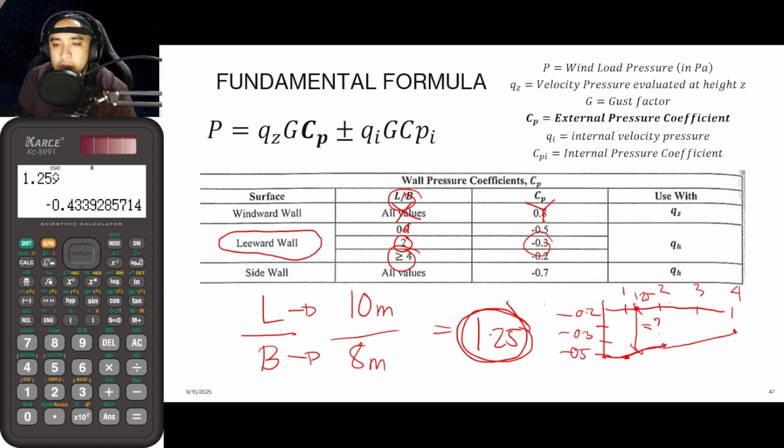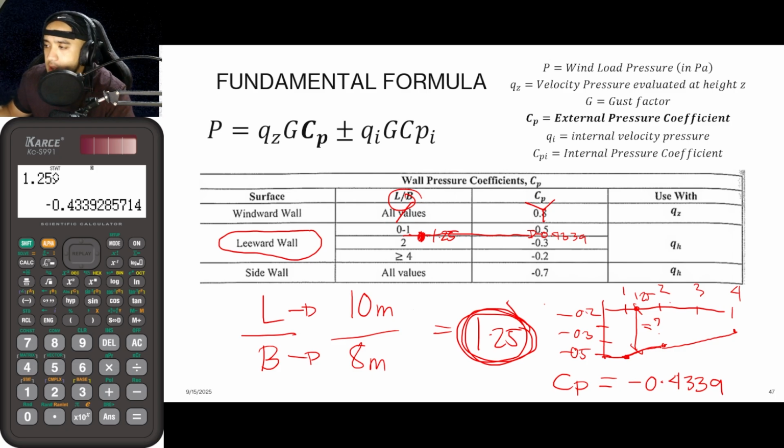Okay? So, from that, the value of CP, if L over B is 1.25, is equal to negative 0.4339. Okay? In this case, as you know, 1.25 is actually somewhere here in between, and negative 0.4339 is also somewhere in between.